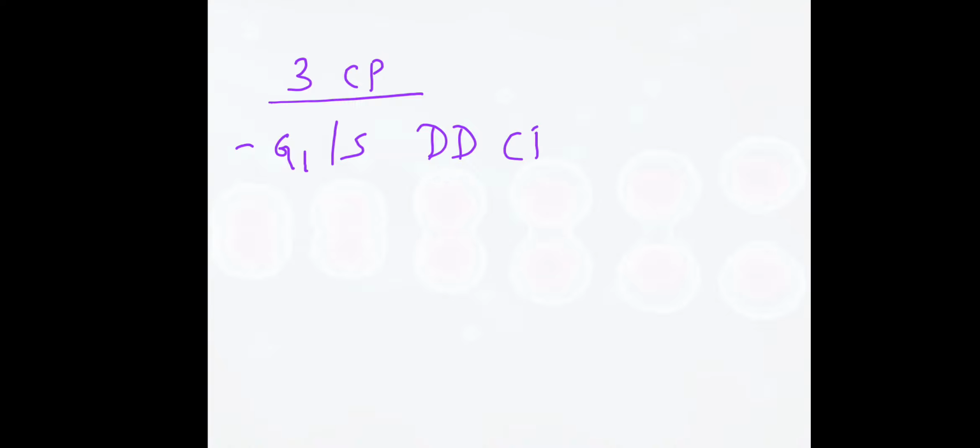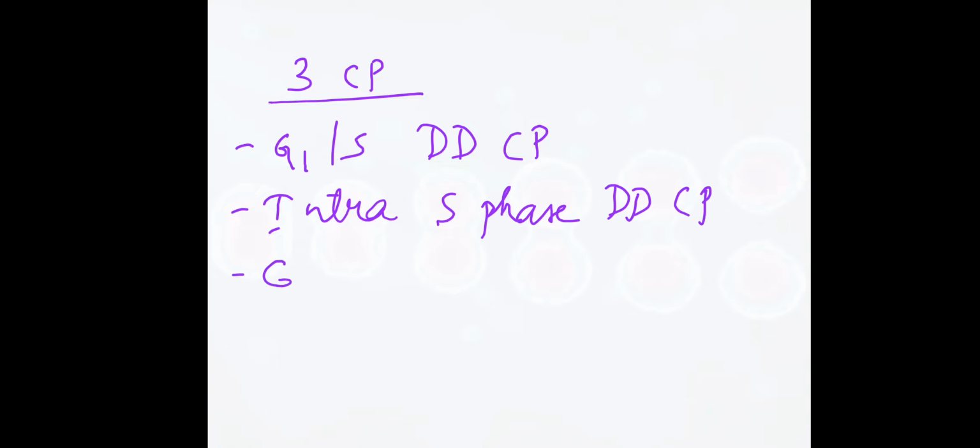DNA damage checkpoints are classified into three checkpoints: the G1S DNA damage checkpoint, the intra-S phase DNA damage checkpoint, and the last one, the G2M phase DNA damage checkpoint. The G1S DNA damage checkpoint inhibits the G1S phase transition in cells that have not yet committed to DNA replication.